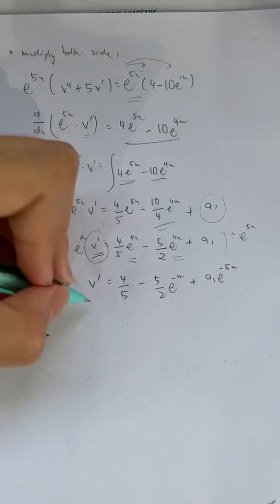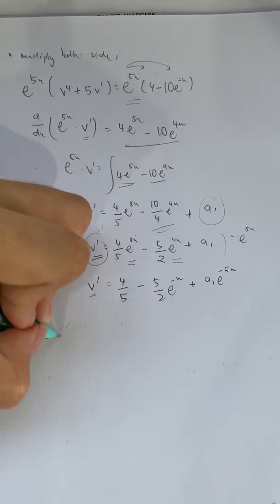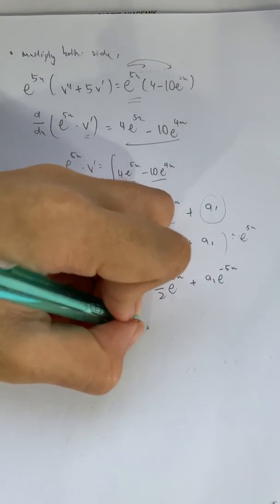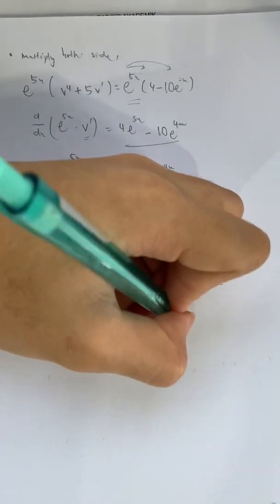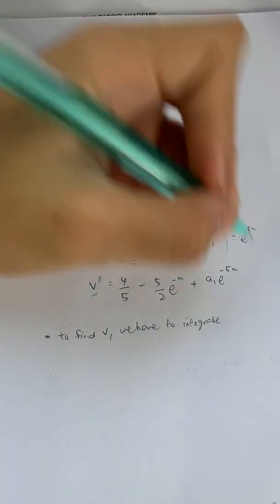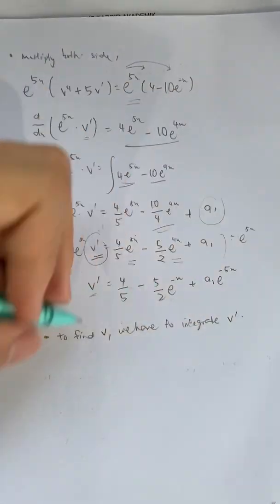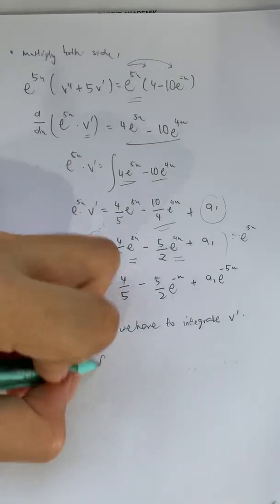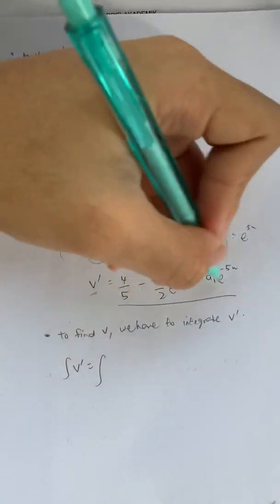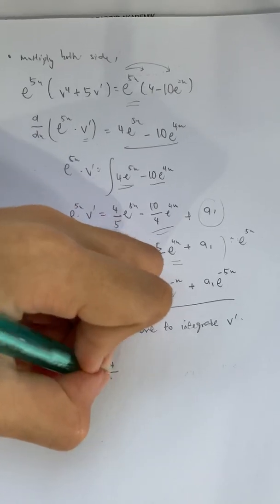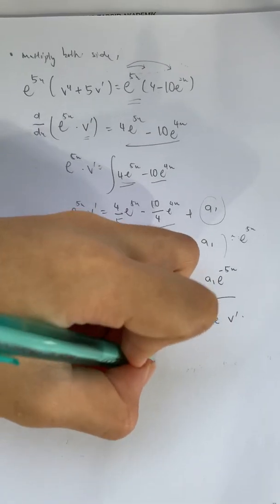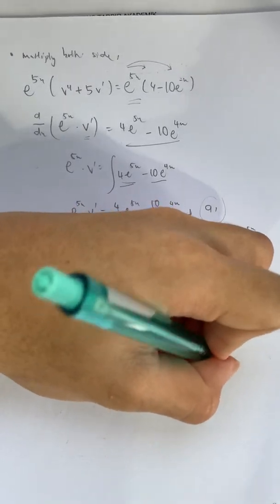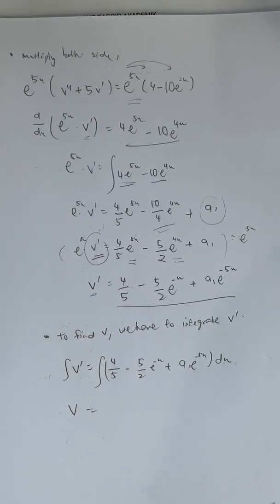Okay, so we need to find the value of v. To find v, we have to integrate v prime. So integrate v prime, meaning that we integrate this equation dx. So we get the value of v.